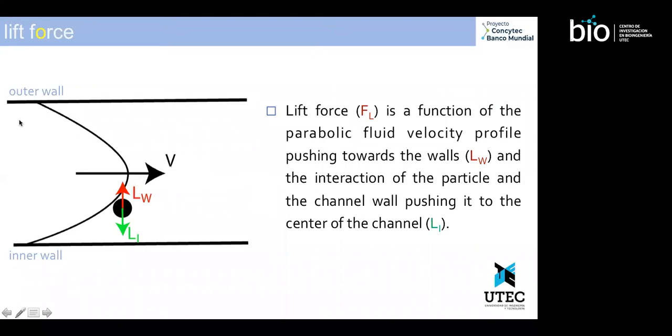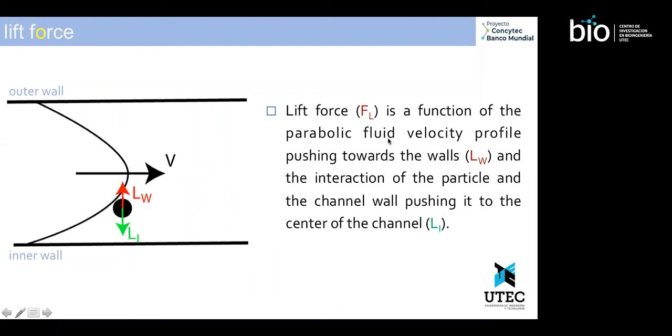Laminar is a very well-defined flow, and it has a parabolic velocity profile. It only appears in very small channels. It's called the Reynolds number, and that depends on the channel size, the viscosity of the fluid, the flow velocity, and things like that. I won't go into details there.